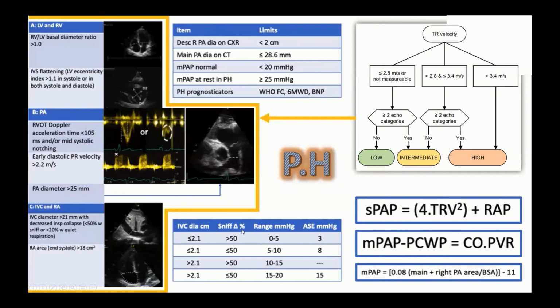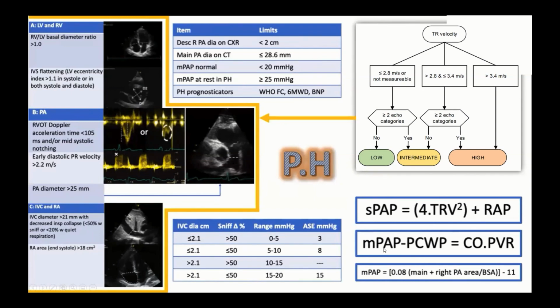Again, you can use change with sniff if you use 50%, or you can do change with tidal respiration of 20%. The equation that I disclaimed at the start is the systolic pulmonary artery pressure using ultrasound: tricuspid regurgitant jet squared times 4 plus right atrial pressure.